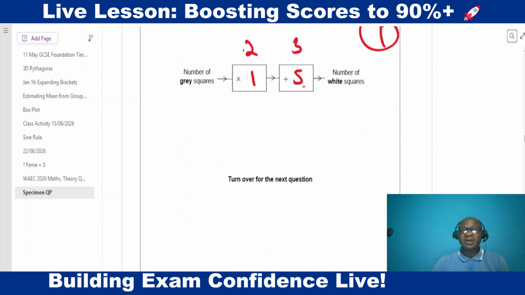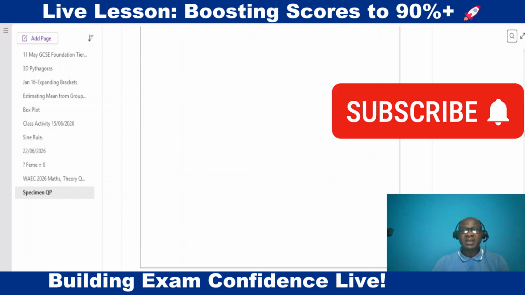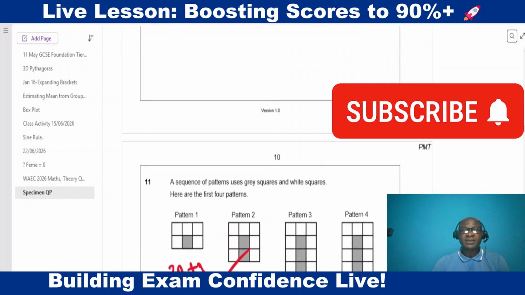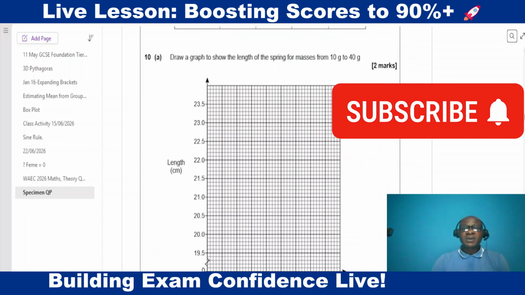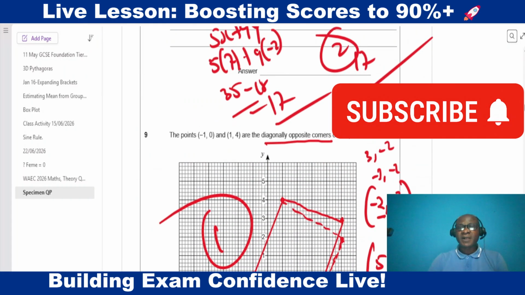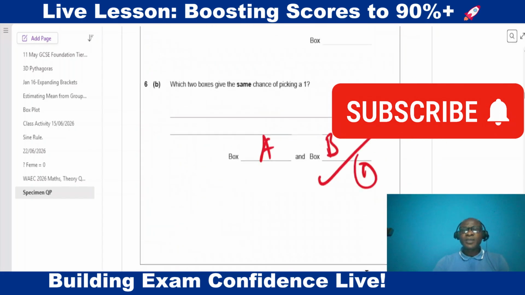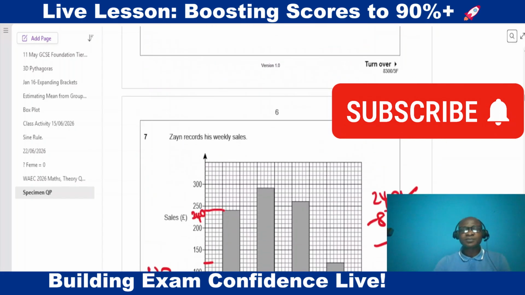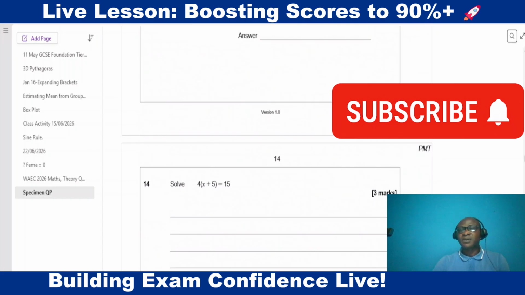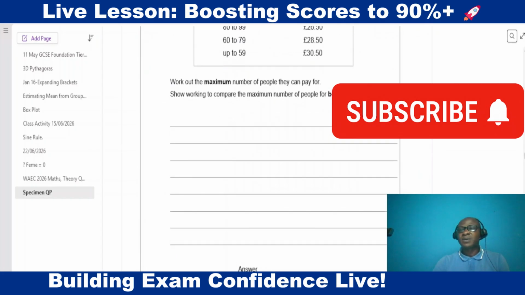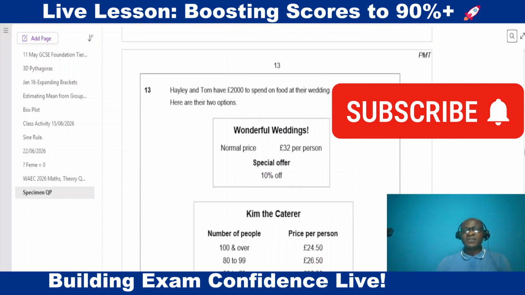So you can add up: 27 over 30. 27 over 30.